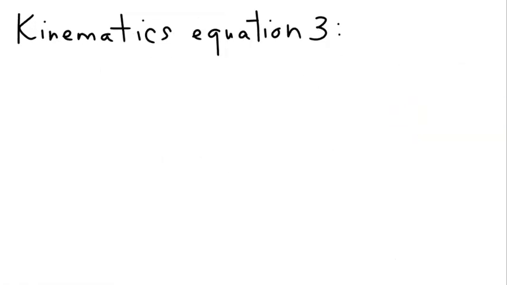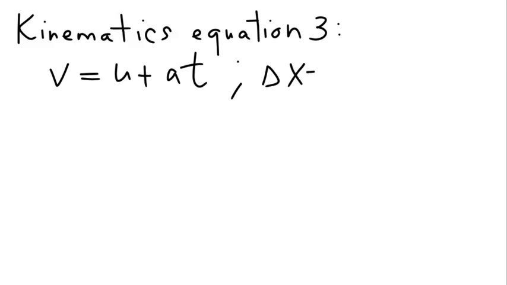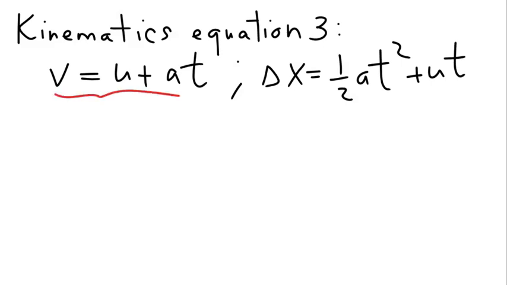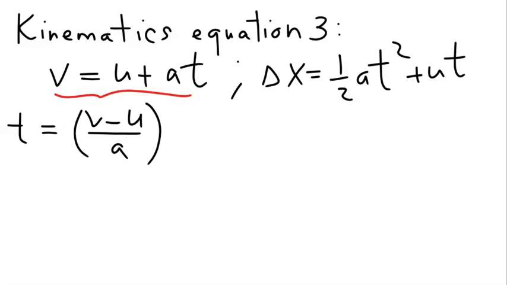Equation 3 can be obtained by combining the first two equations that we wrote down, v equals u plus at, and delta x equals half at squared plus ut. Now, from the first equation, we can rewrite time in terms of the other variables, t equals v minus u over a, and substitute this t inside that second equation.